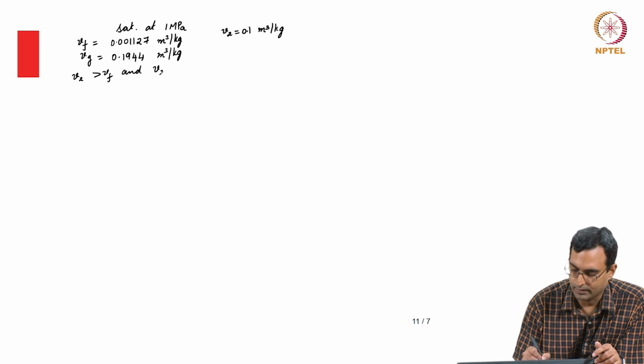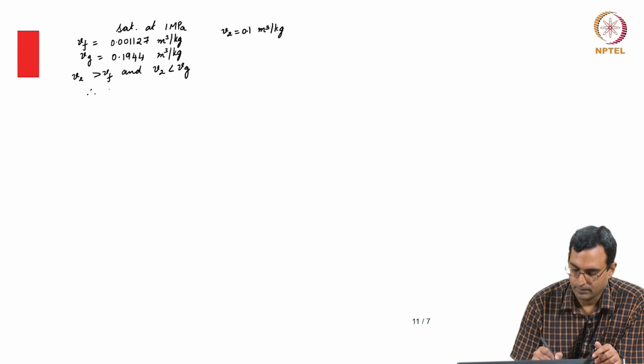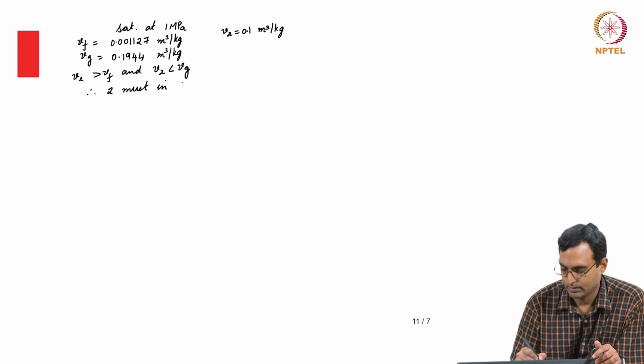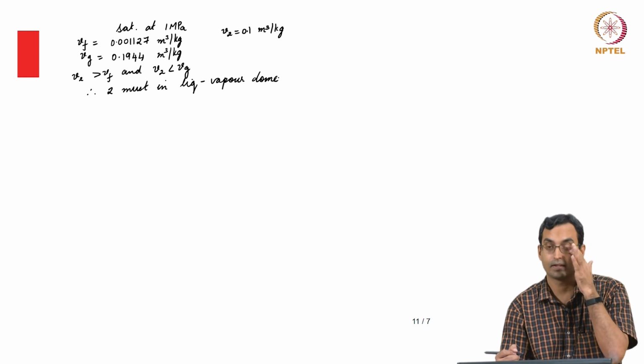And v2 is less than vg. Therefore, 2 must be in the liquid vapor dome. It must also be in the saturated condition.